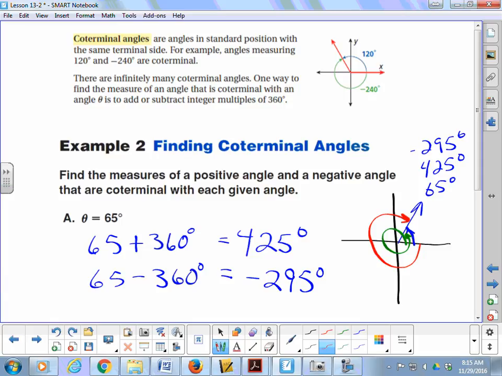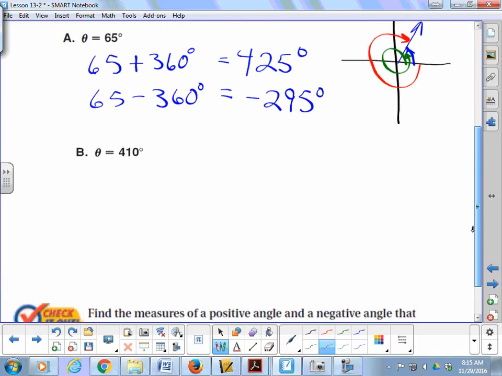So anytime this angle they want us to find coterminal with is bigger than 360 or smaller than negative 360 degrees, then to get to a positive or a negative, you're going to have to do it more than once. So for instance, here we have 410 degrees. And we want a positive and a negative angle that are coterminal with it.